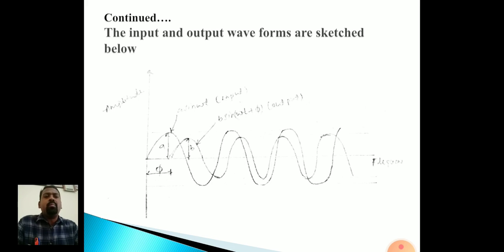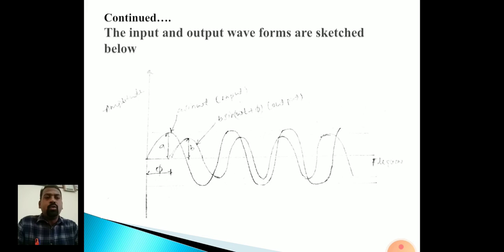Once again the amplitude may be the same or different, depending upon what kind of system you are applying, but the waveform is sinusoidal only. For input the amplitude is A, for output the amplitude is B. The input is sin omega t, but the output is sin(omega t plus phi), because there is a shift in the angle, called the phase angle or phase shift.